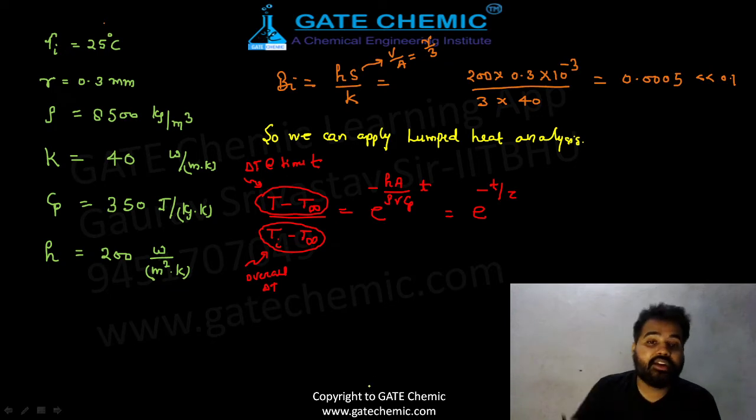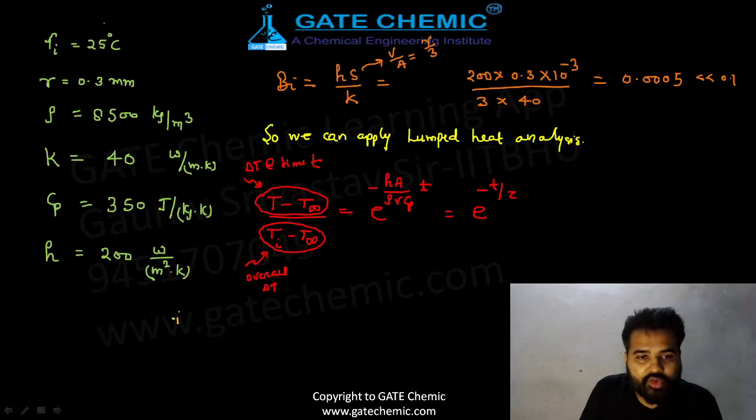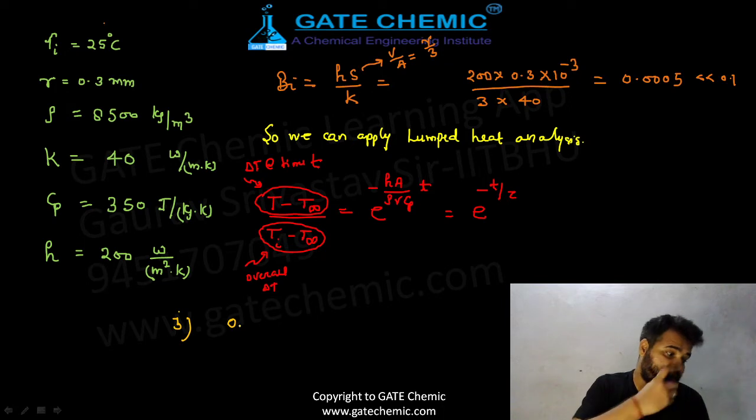That means, to solve problem number 3, 63%, you have to take this LHS as, how much can you tell me? LHS should become equal to 0.63. Are you confirmed?